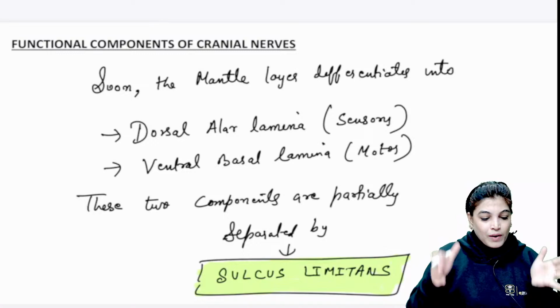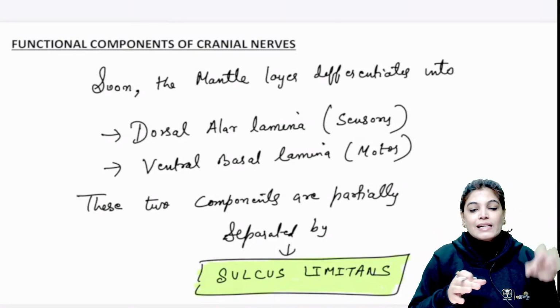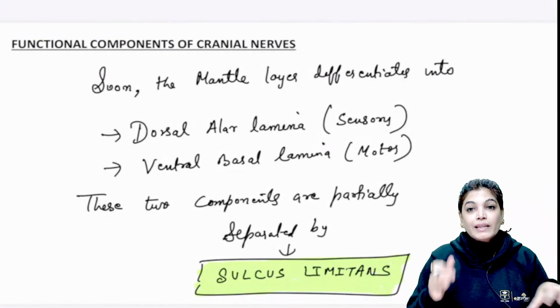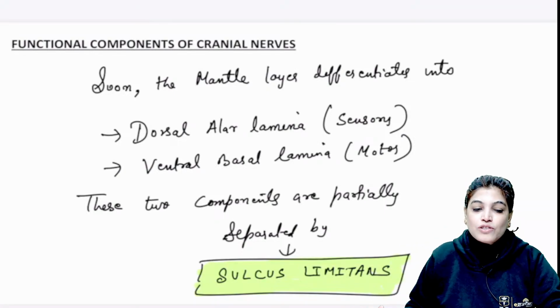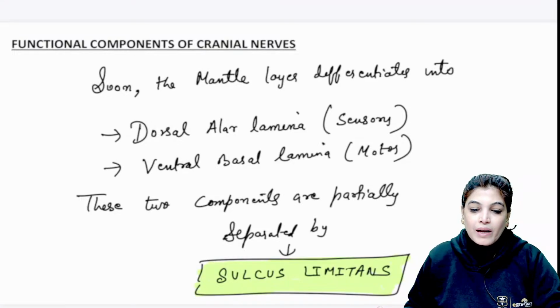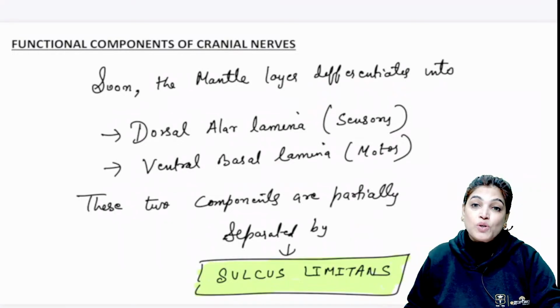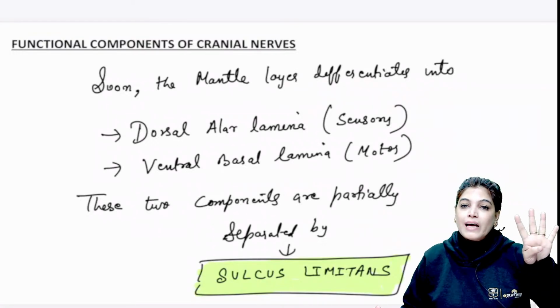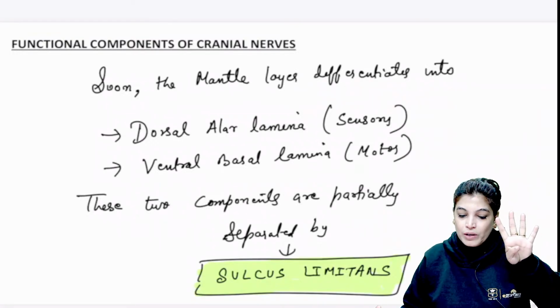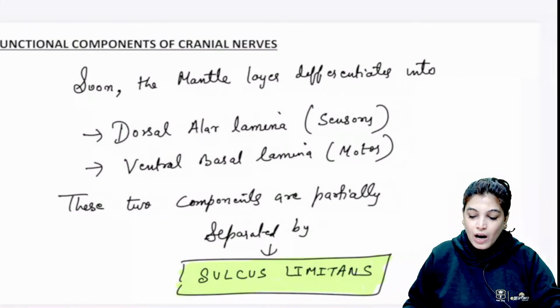Now, with further development, what happens? The cells of each of these laminae, the alar and the basal, get arranged into two longitudinal columns, and those longitudinal columns are somatic and visceral. So how many functional components are now formed? Four functional components.